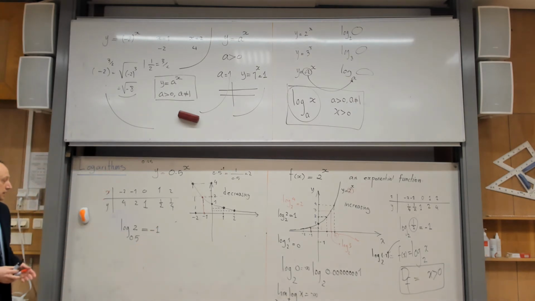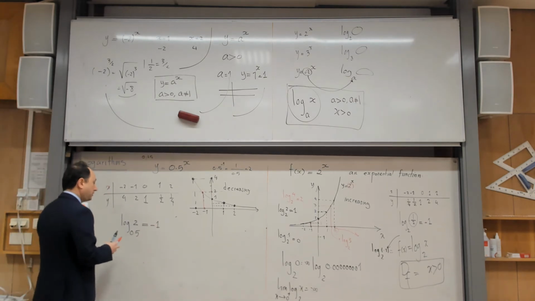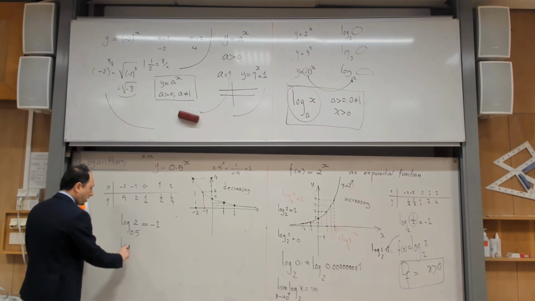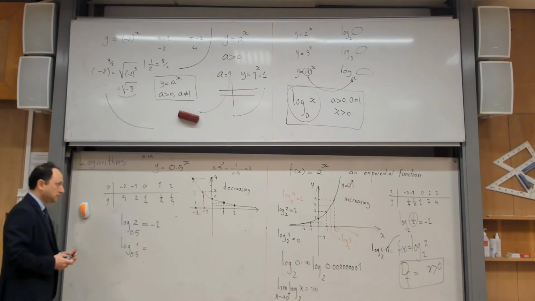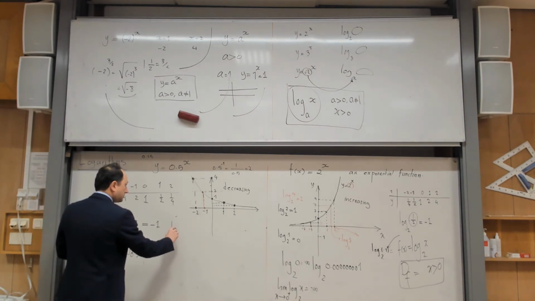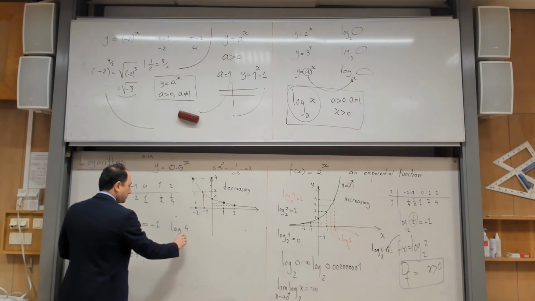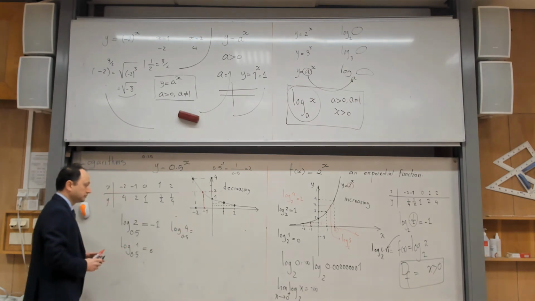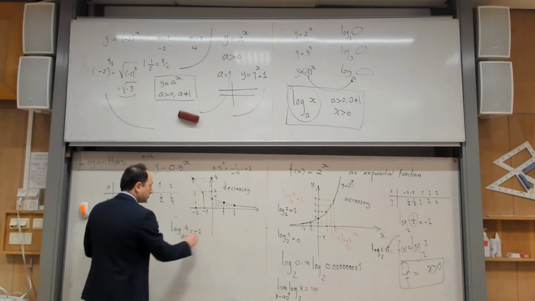Yes? And then, for example, if I ask you the logarithm of 1 in base 0.5, what's the answer? 0. Yes? If I ask you the logarithm of 4 in base 0.5, what's the answer? It's -2.